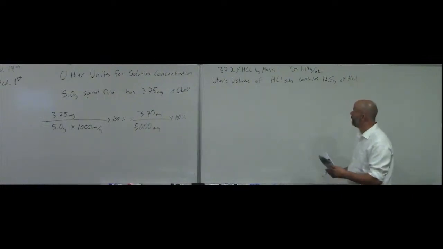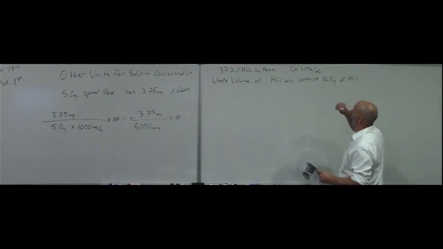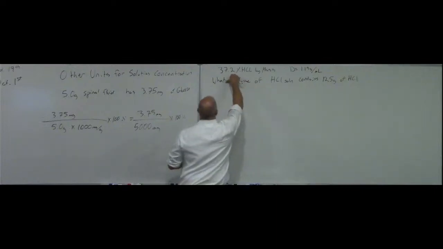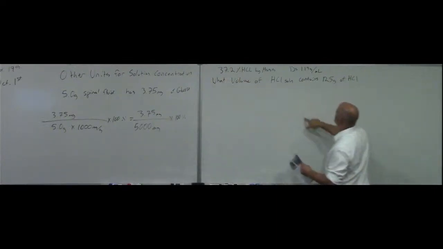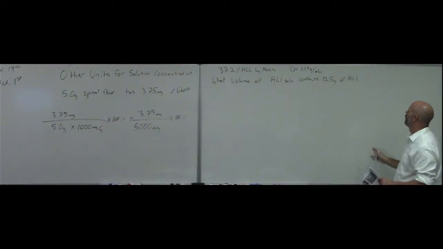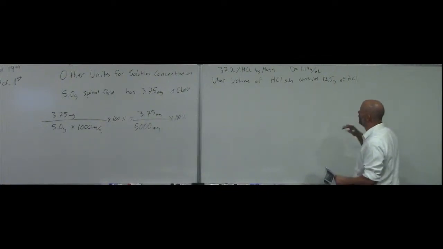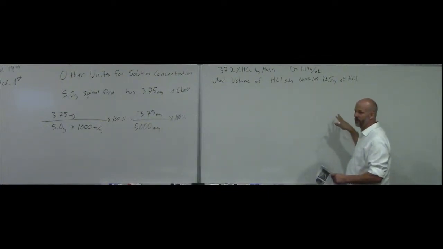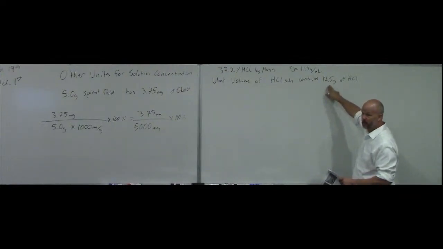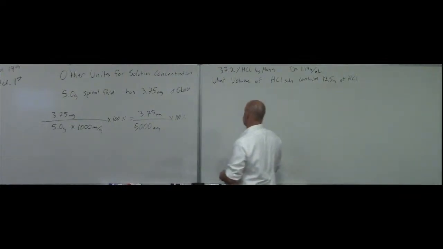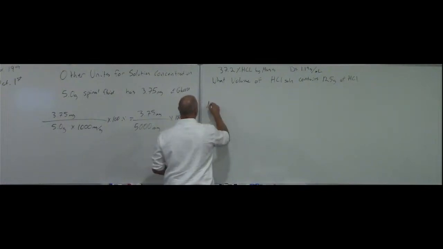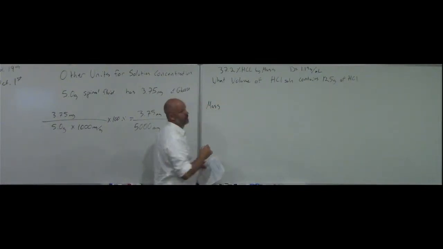All right. So now we want to know what volume of HCl solution contains 125 grams of HCl? What am I going to start with? I'm going to start with what I'm given, right? I've got mass. Mass of what?